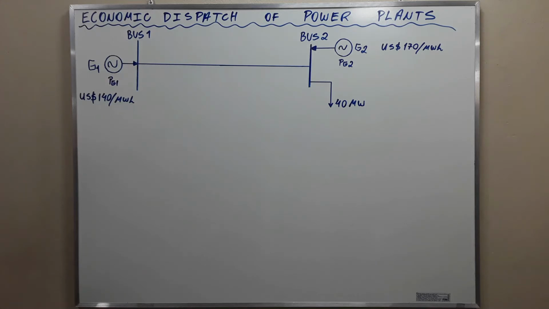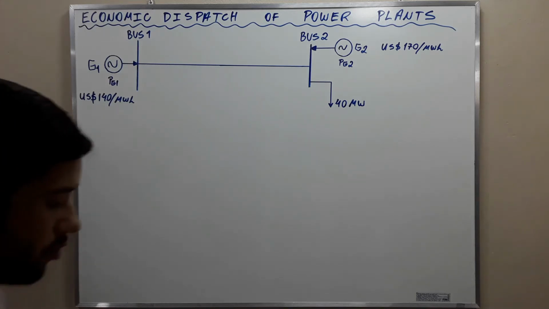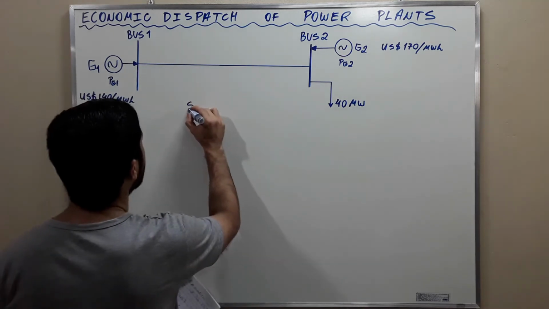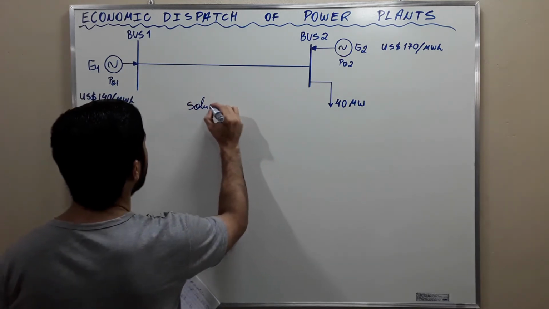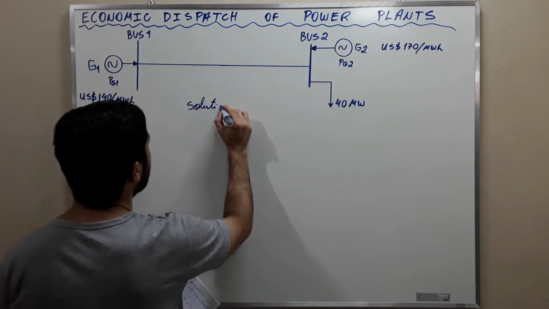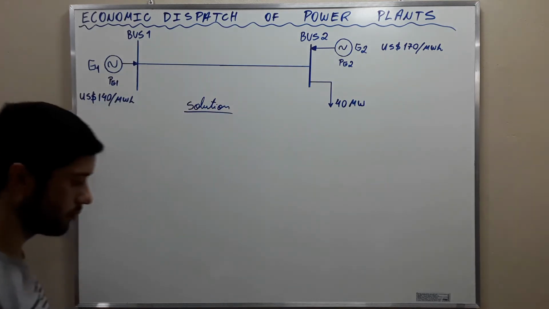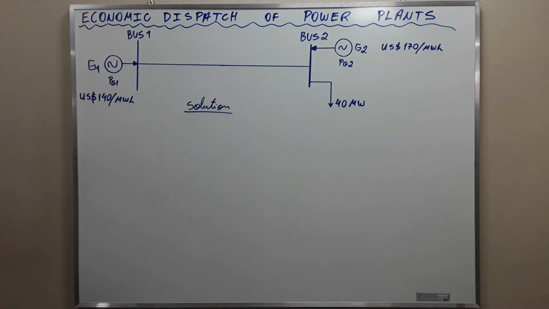Okay, my friends, this is the question. Now let's go to the solution. All right, let's begin this calculation by finding the penalty factor of generator 1.